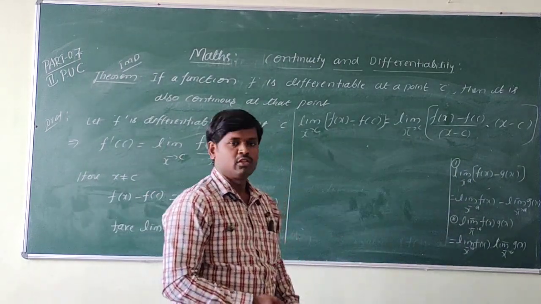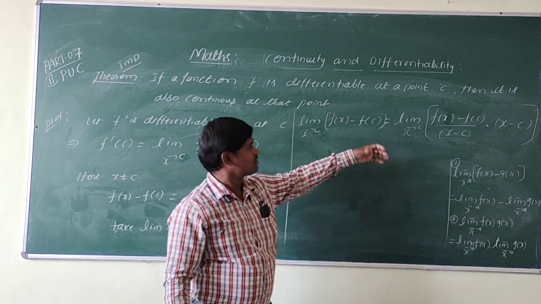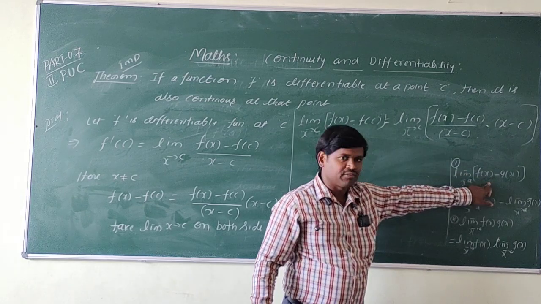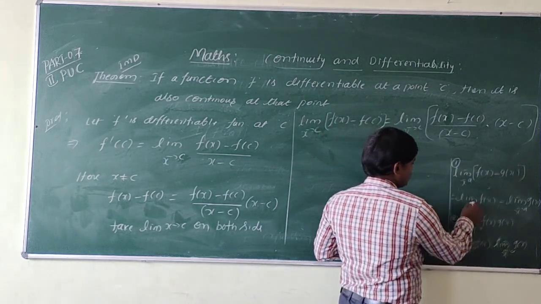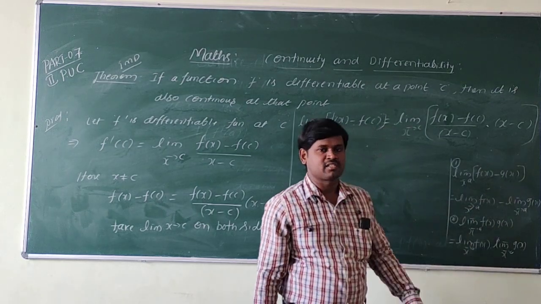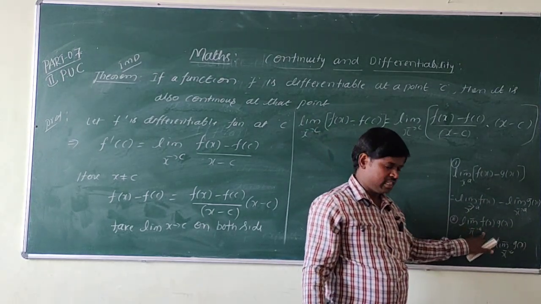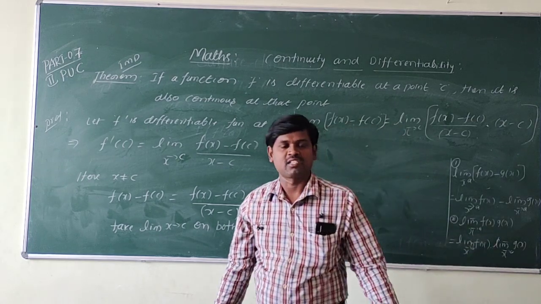So these are two important points we are going to remember here, because we are going to use these two properties. One is f of x minus g of x, that is the limit of f of x as x tends to a minus the limit of g of x as x tends to a. Similarly, the limit of f of x into g of x as x tends to a is equal to the limit of f of x as x tends to a into the limit of g of x as x tends to a.